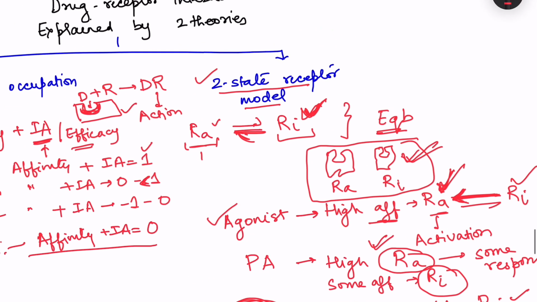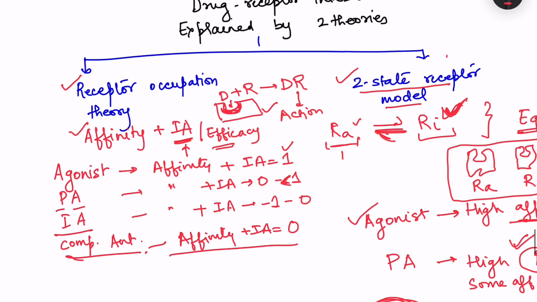Okay, so this theory is known as the two-state receptor model. That means the receptor is in RI state or RA state. Mostly at rest, it is in the RI state, except for inverse agonist, where we are talking about the receptors which are in RA state. Okay, so that was about the theories which explain agonist and antagonist action.